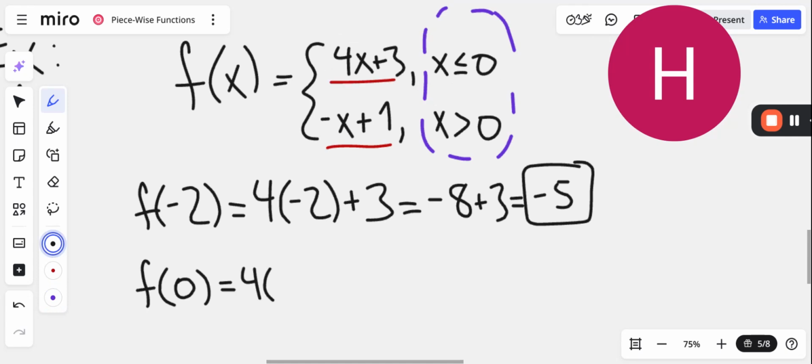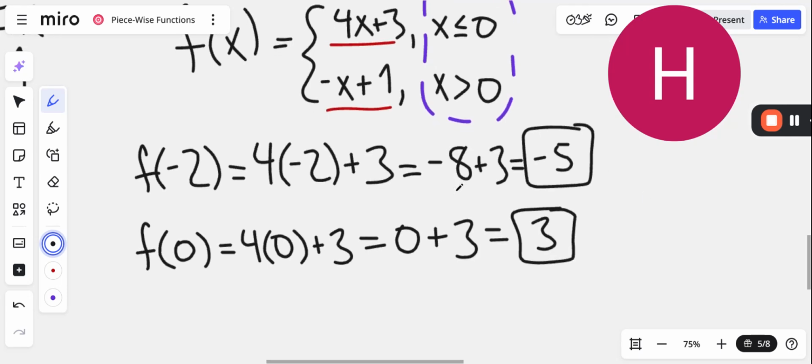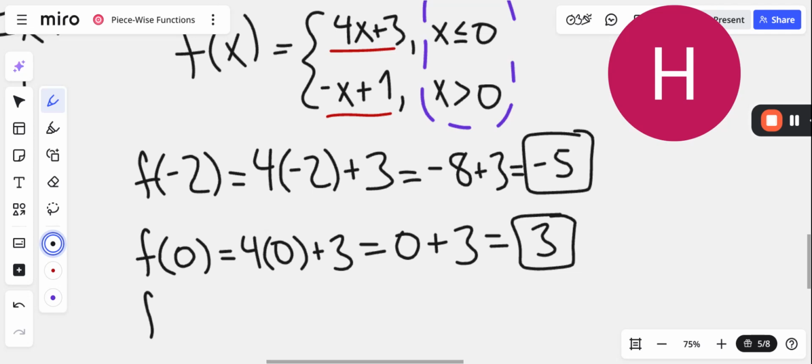So this would be 4 parentheses 0 plus 3. See, I'm just using this piece, 4x plus 3, plugging it in just like you would with a normal function. Really, the only trick here is you have to determine which piece you're going to be using. And once you determine which piece you're going to use, it becomes very simple. Very, very simple indeed.